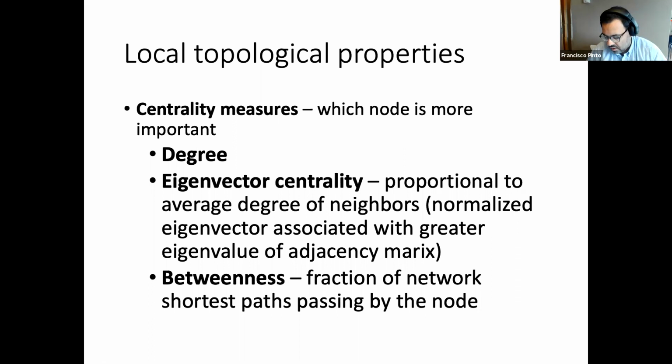A node with more neighbors has a higher chance of getting a high eigenvector centrality because it has more neighbors contributing to its eigenvector centrality. So in some way, it is also like counting the degree, but giving a weight to each of the neighbors. And that weight depends on the degree of the neighbors and the weight of their other neighbors.